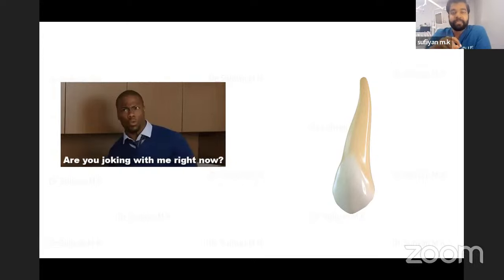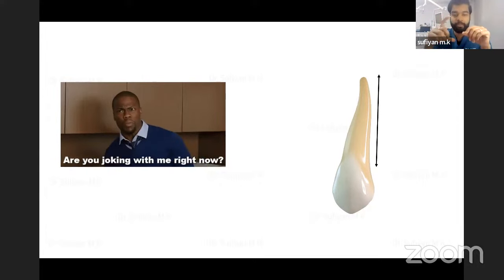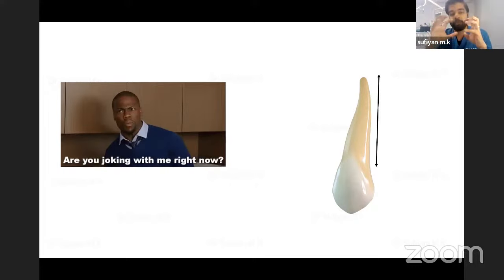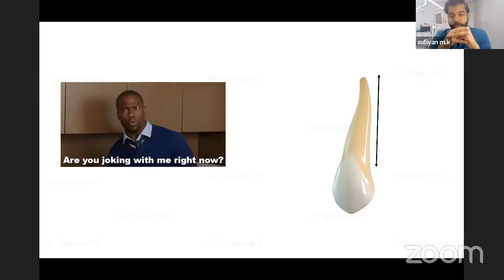Remember our BDS days, we had studied in dental anatomy that the canine has the longest root. The longest root means the crown root ratio is more favorable, with the root more when compared to the crown. So the root is covered with dense cortical bone and has good support, and the longer the root, the more periodontal ligament there is. If the PDL is more, we have more mechanoreceptors.